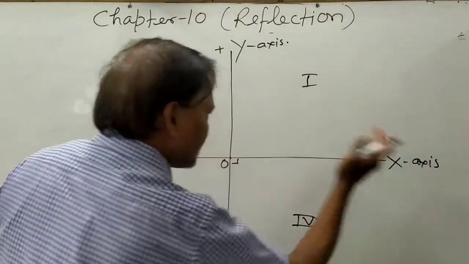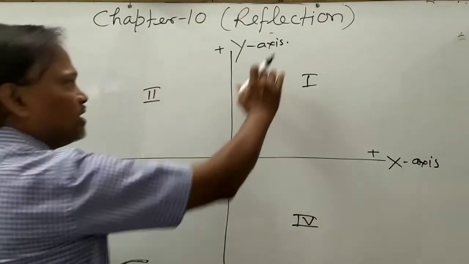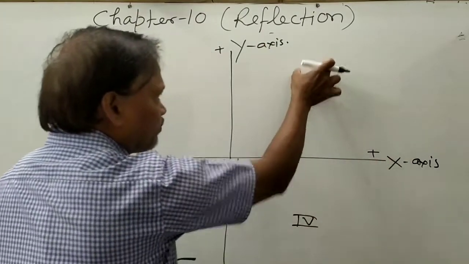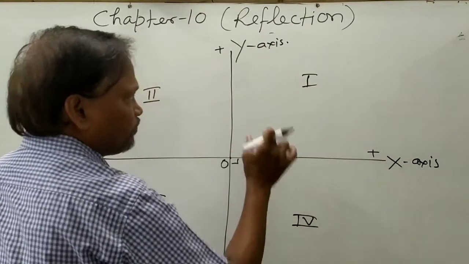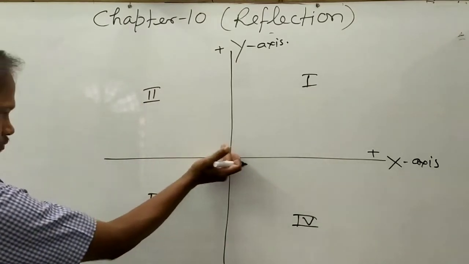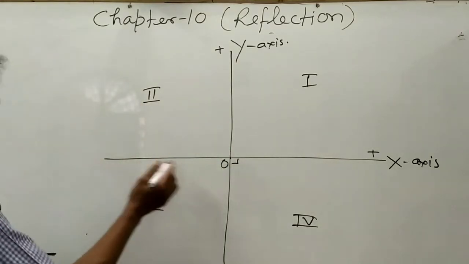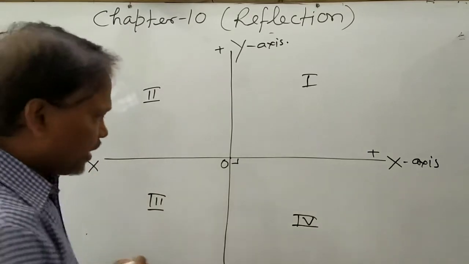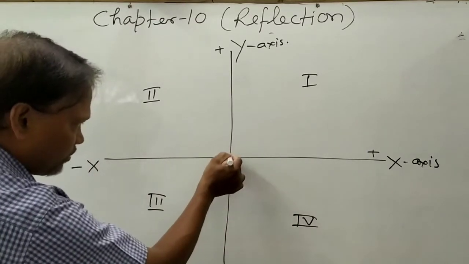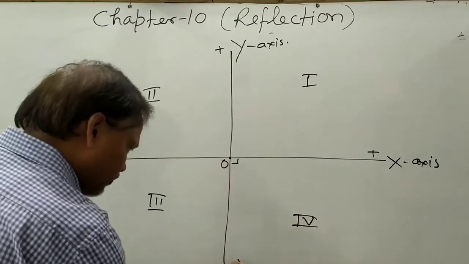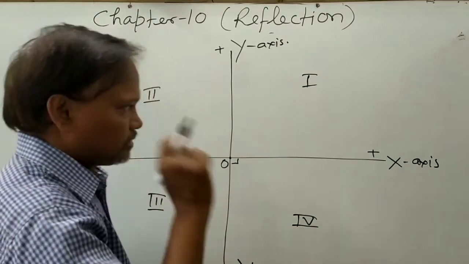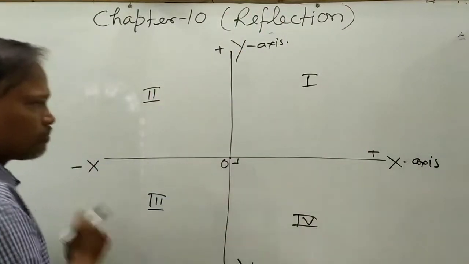And in the left hand side the x-axis is called the negative x-axis, and from origin in downward direction is called minus or negative y-axis.